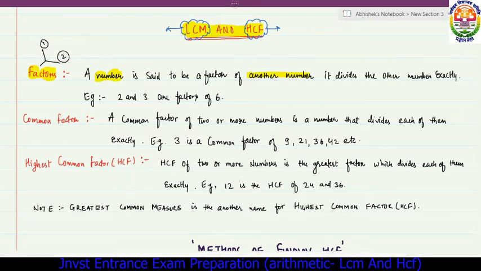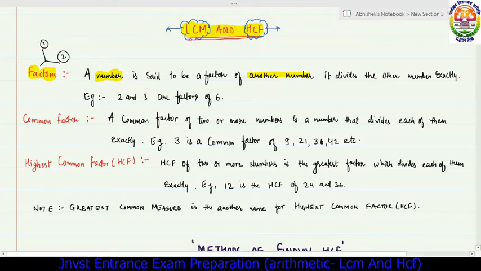A number is said to be a factor of another number if it divides the other number exactly.